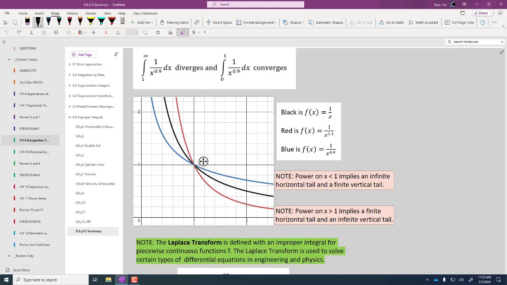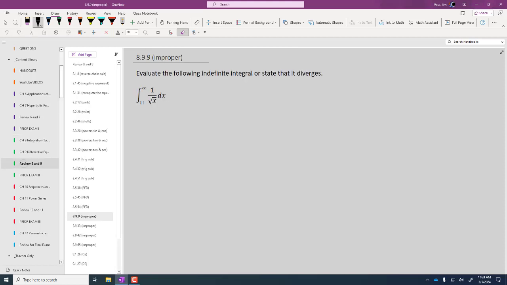Now this is going to be infinite under the blue, that's smaller than 1, infinite. But over here, it's going to be finite. So when the power on the x in the denominator is less than 1, it's finite vertically and infinite horizontally. And vice versa if the power is bigger than 1. So you've got to have that in our mind.